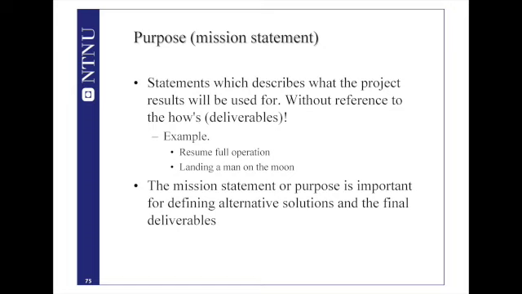What is the main function of your project? And here, we don't make any reference to the deliverables. You don't say how. You are only saying what the project results will be used for. For instance, without referring to the deliverables, very important, because until now you don't know the deliverables.